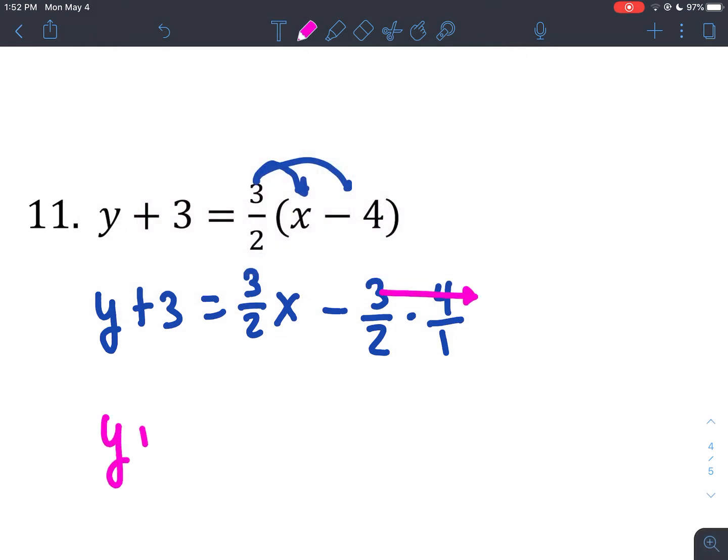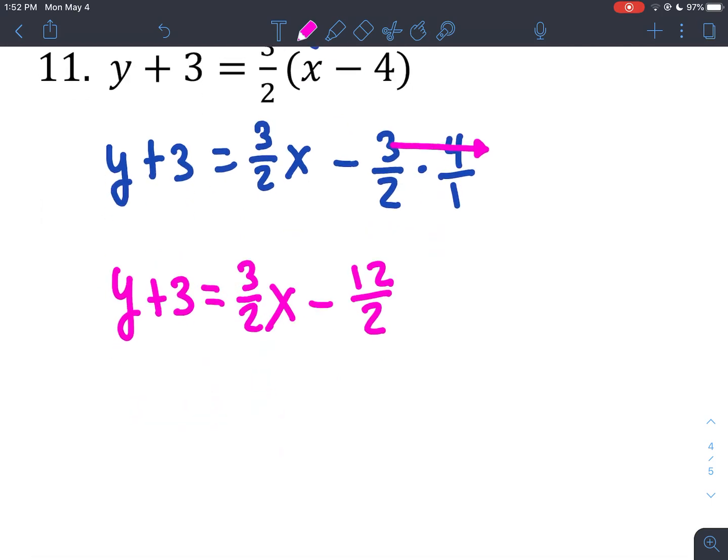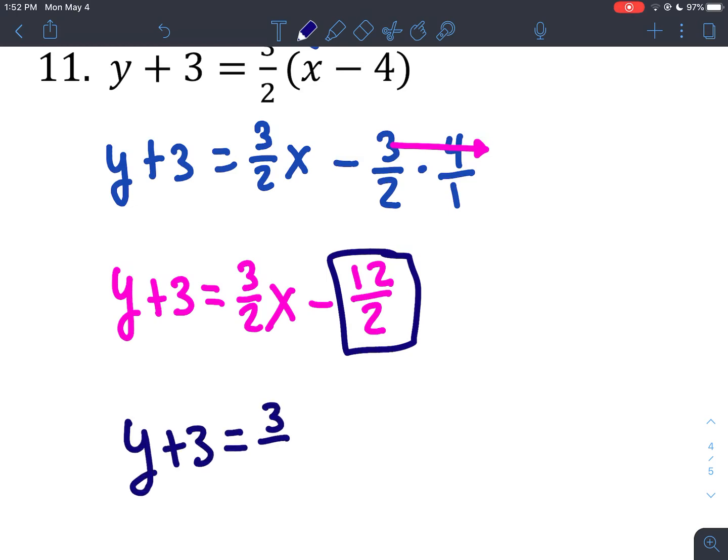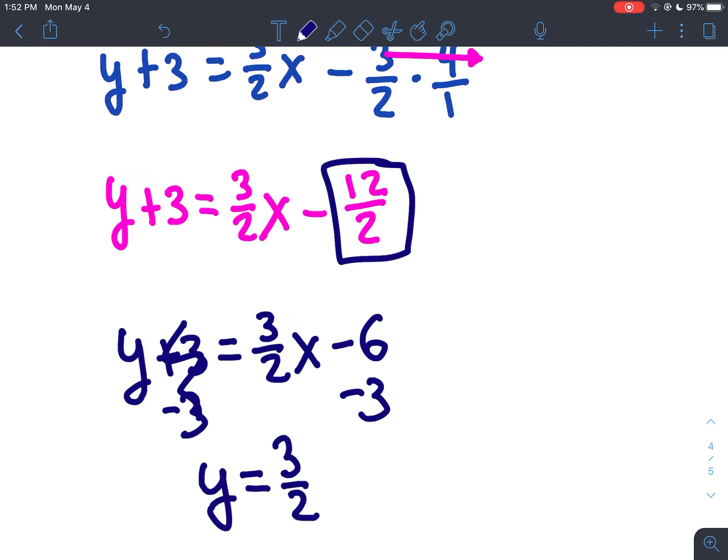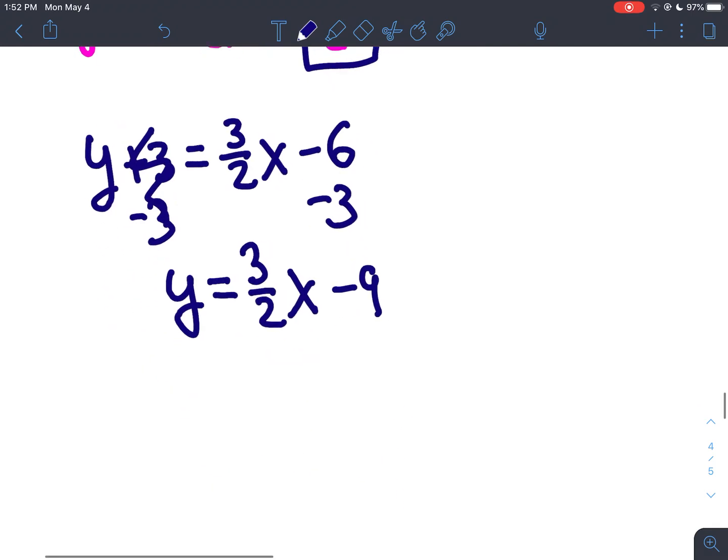So this ultimately is going to land us at 3 over 2x minus 12 over 2, which can be reduced down to 3 over 2x minus 6. So now the y is not by itself yet, so we're going to subtract 3 off of both sides, and y equals 3 over 2x minus 9.